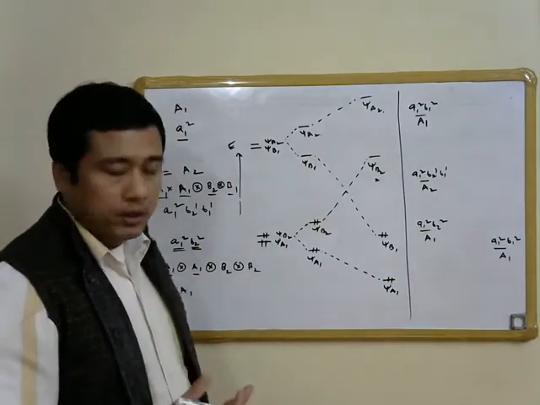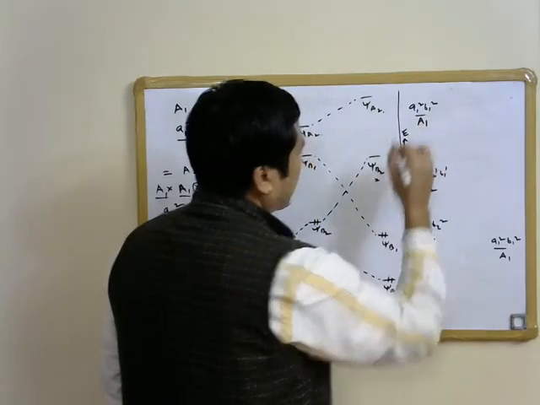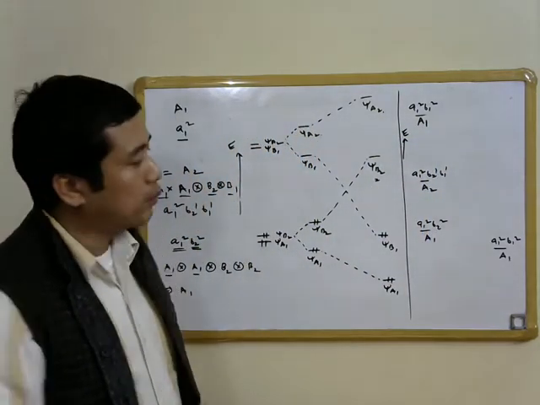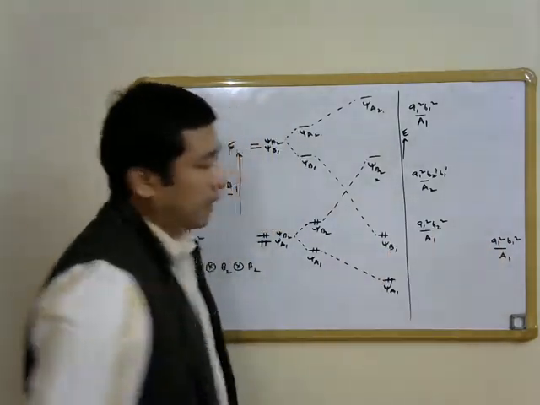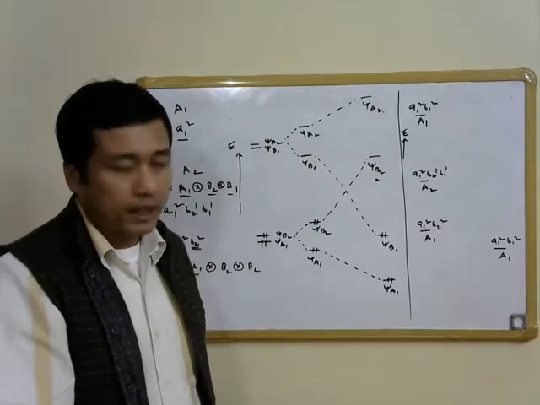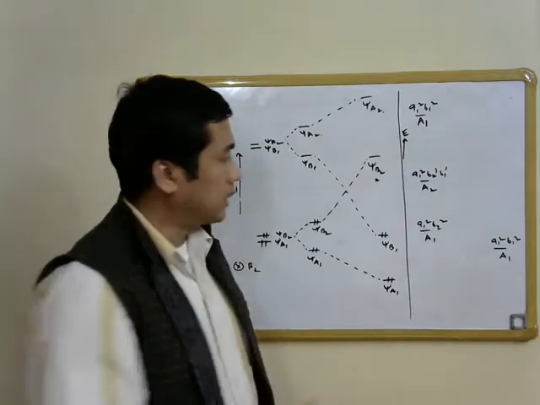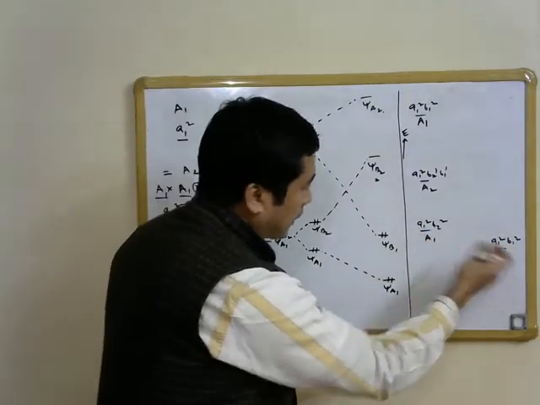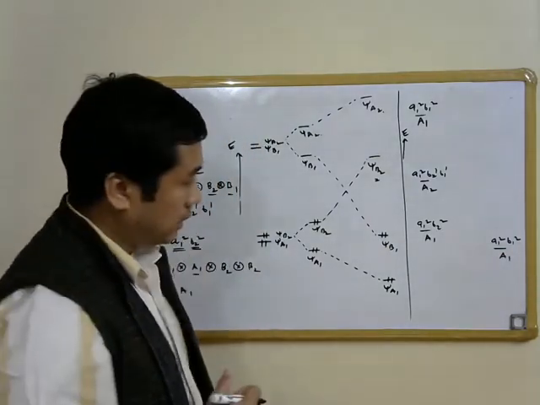Now we write the energy: if we assume this to be the energy scale, then the energy of the ground electronic state in case of the product is lower than the energy of the ground electronic state of the reactant, because there is stabilization during the reaction. That is why we write the ground state of the product at lower energy than the ground electronic state in the reacting system.